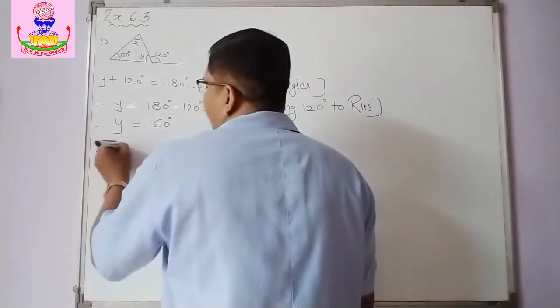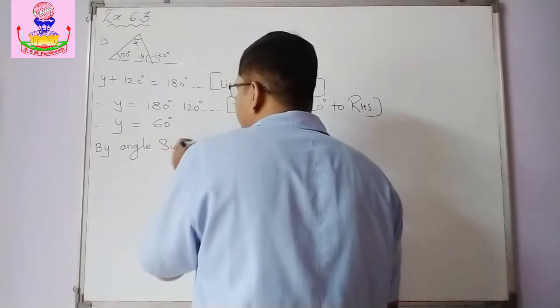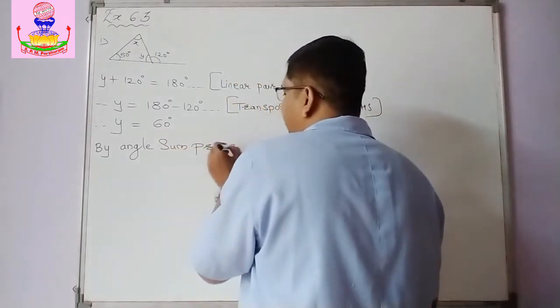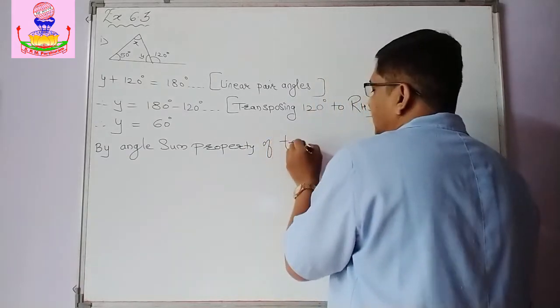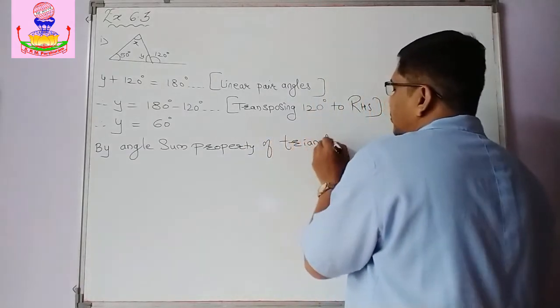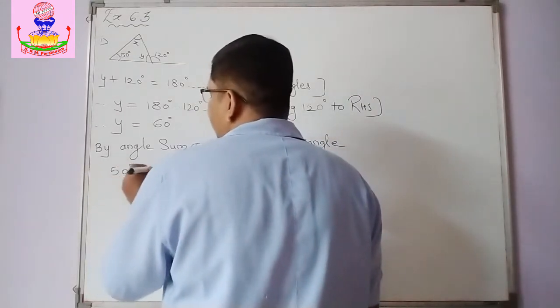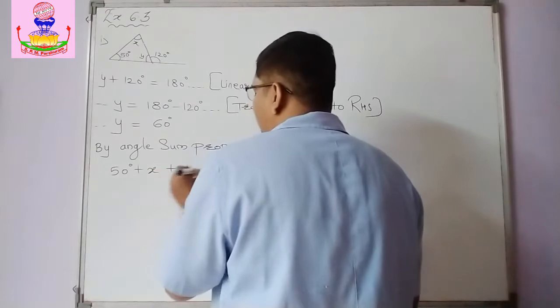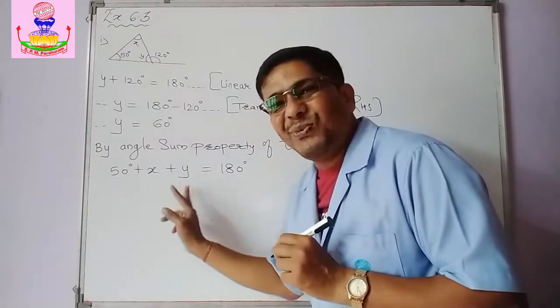Okay, now by angle sum property of triangle, what you can have, 50 degree plus x plus y is equal to 180 degree.